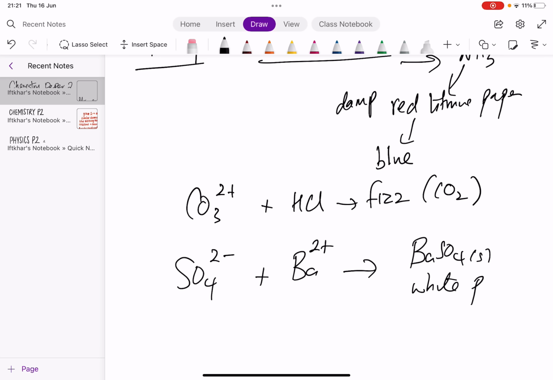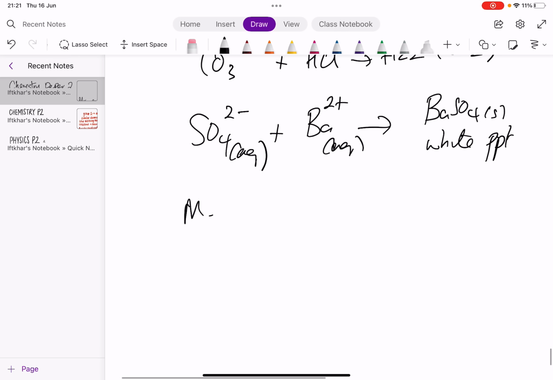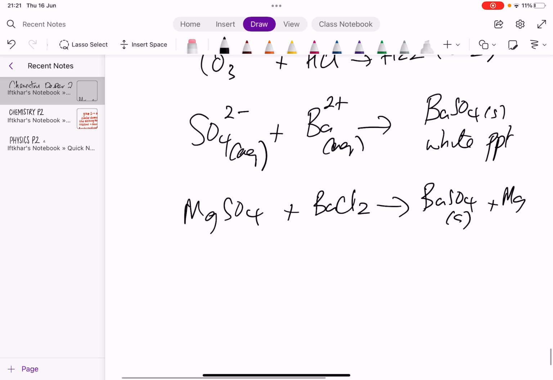I am giving you ionic equations because I am quite sure that you will get asked about these. So let's say magnesium sulfate reacts with barium chloride. You will get a white precipitate of barium sulfate, and magnesium chloride will be a colorless solution.